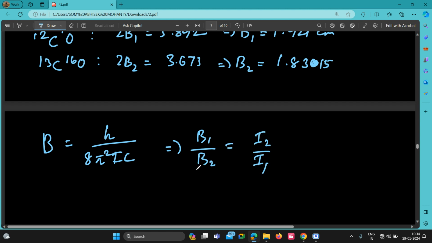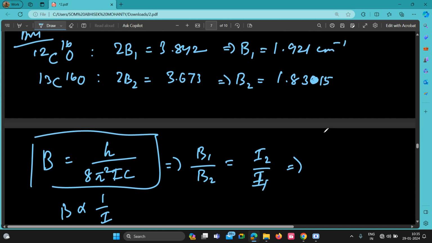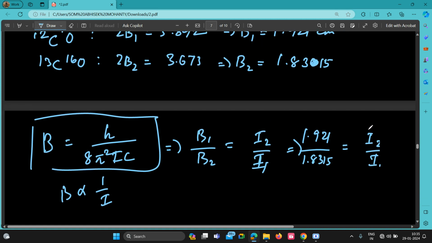So 1.921 by 1.8315 is equal to I2 by I1. If I divide this, I2 by I1 will be 1.046.